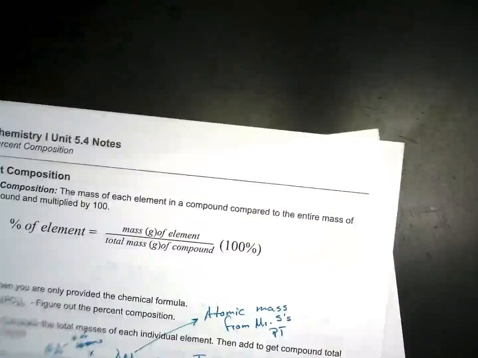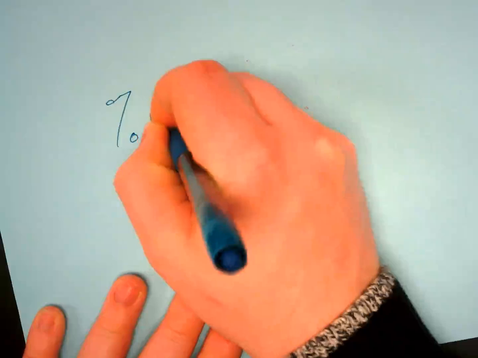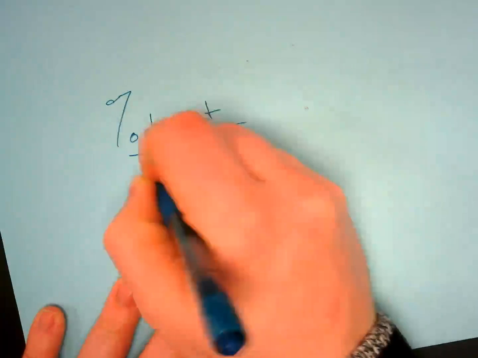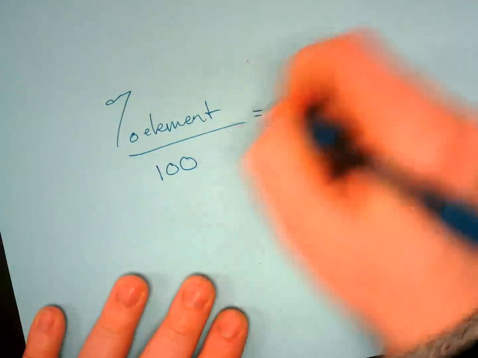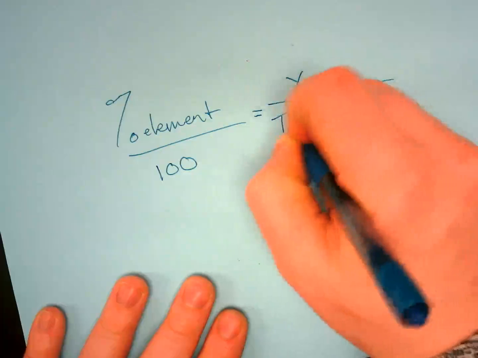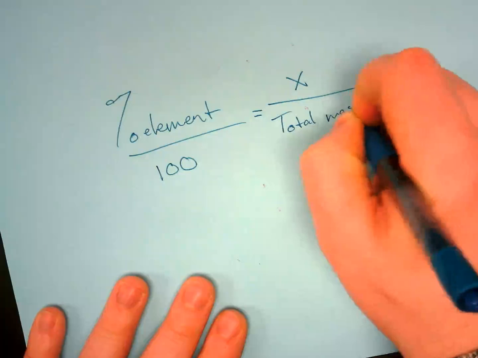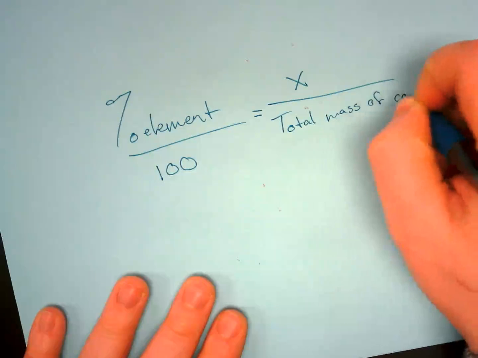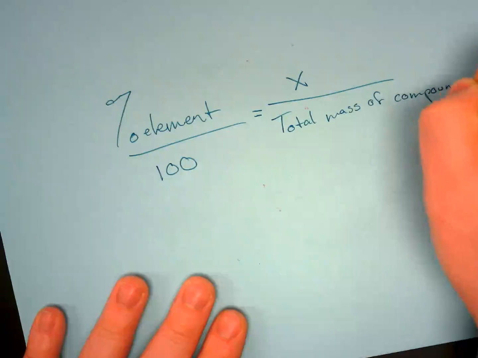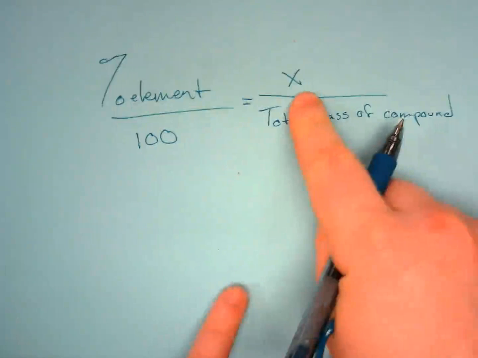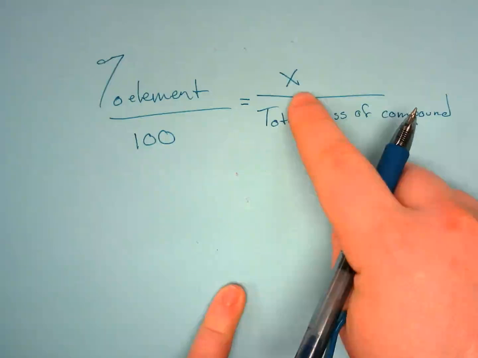Here, I'll write it on a bigger sheet of paper just to really hammer this home. If you're still confused by what we did here, it's percent of element divided by 100 equals x over the total mass of compound. This is what we're trying to find, right? We're trying to find x.